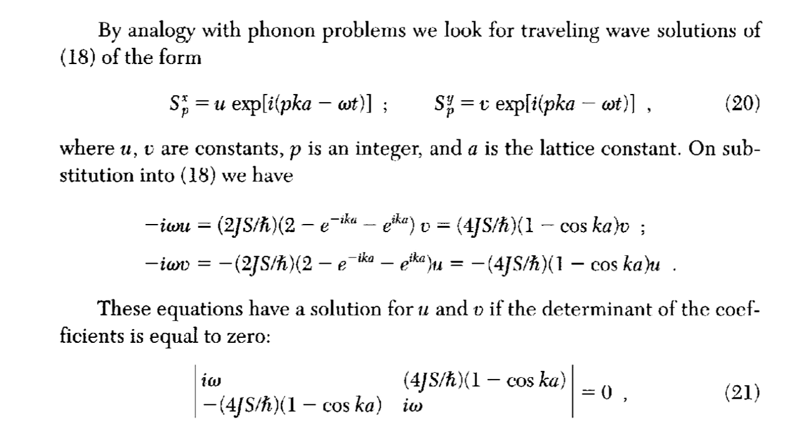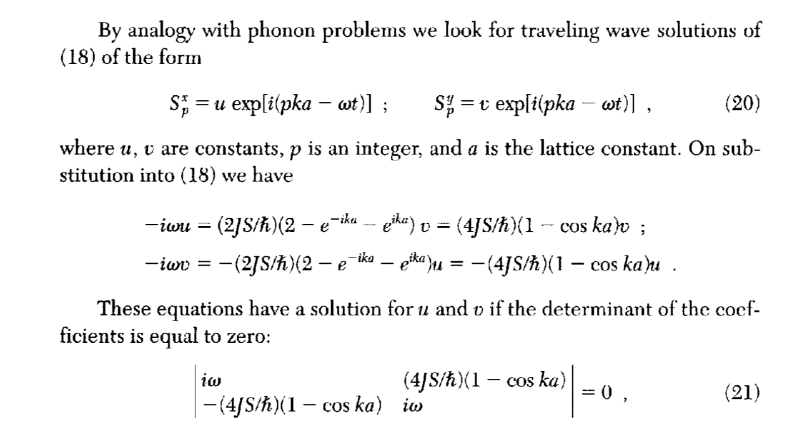So you get minus i omega u equal to this one. Again we take a common factor 2 outside, so this becomes 4JS by h cross into 1 minus (e raised to ika plus e raised to minus ika) by 2, which is cos ka, so there will be a cos ka term into v. Similarly, the second equation is minus i omega v equal to minus 4JS by h cross into 1 minus cos ka into u.